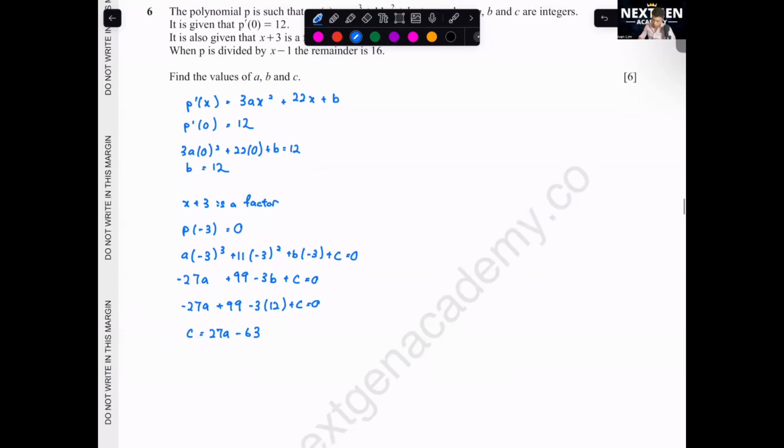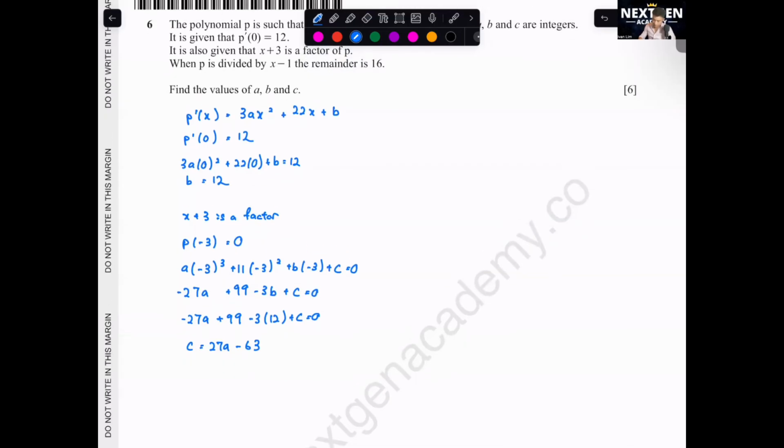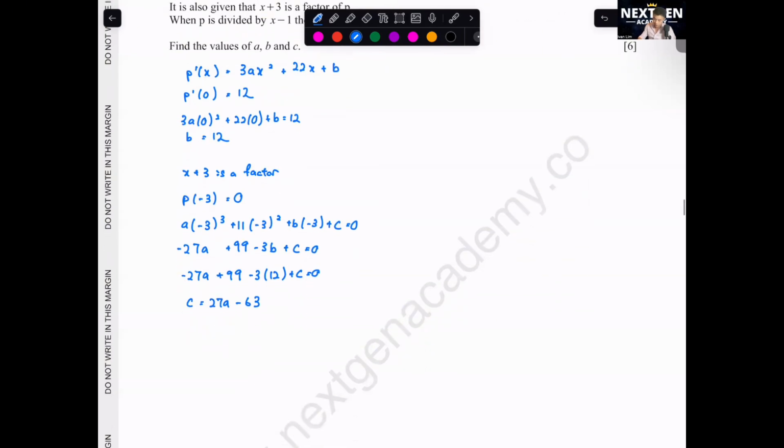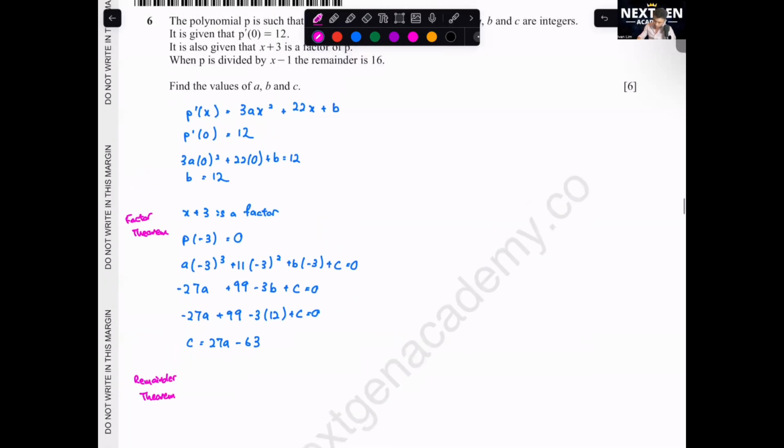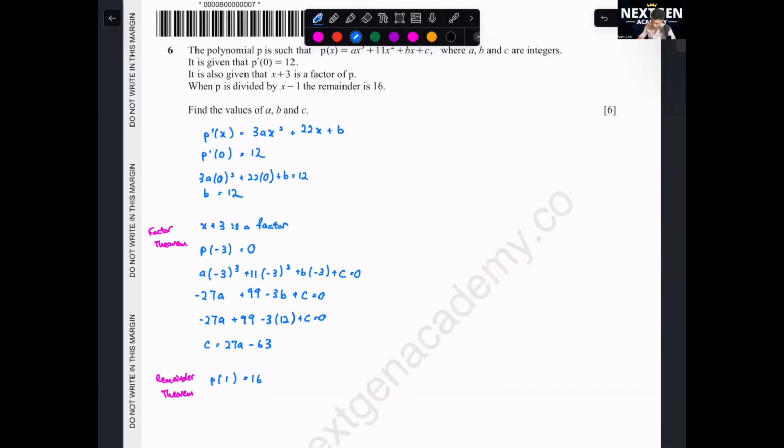One more statement. When p is divided by x − 1, the remainder is 16. So this is the remainder theorem. This one first is the factor theorem, then the remainder theorem. So p(1) is equal to 16. Let's substitute 1 into the equation.